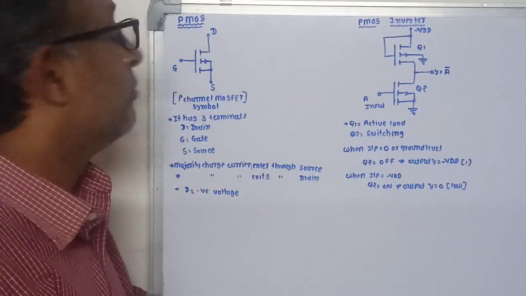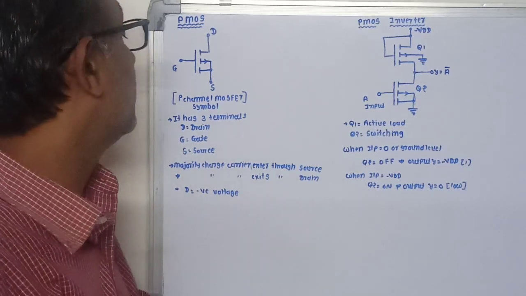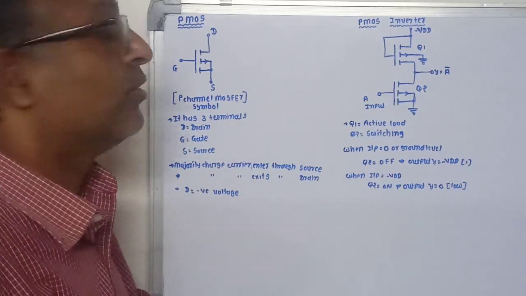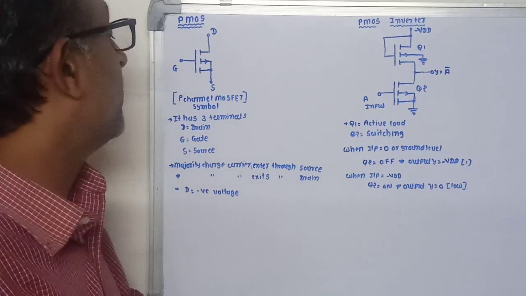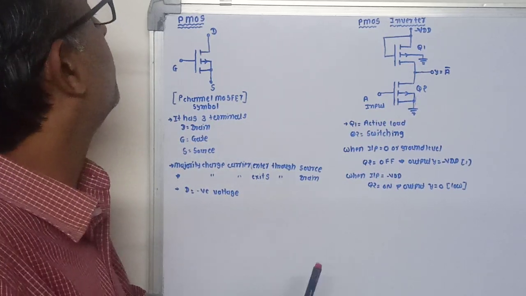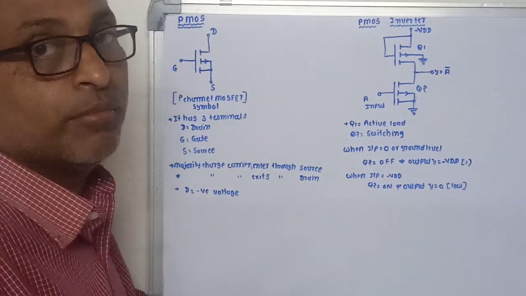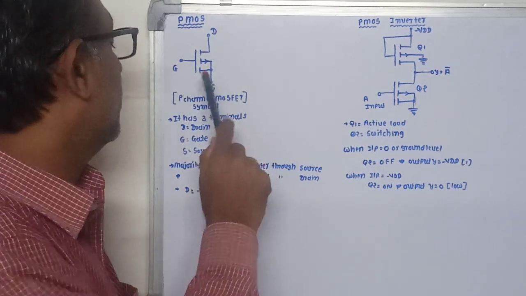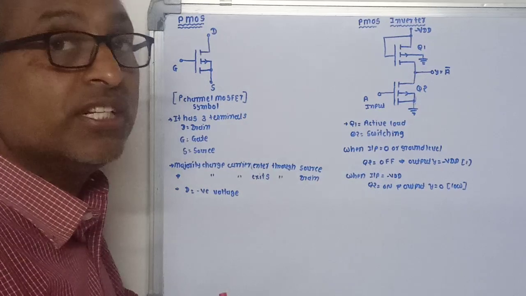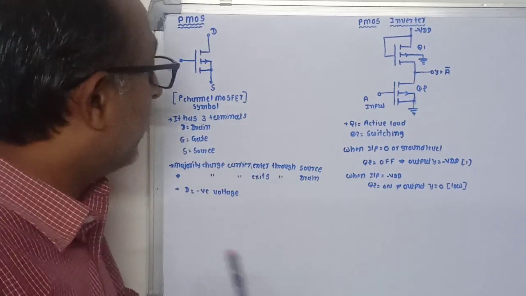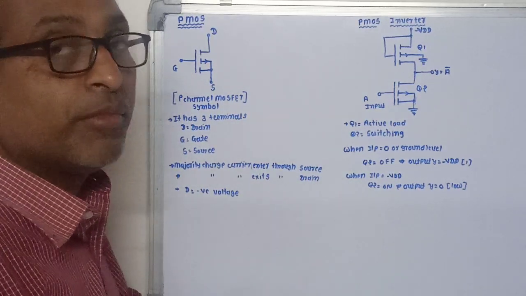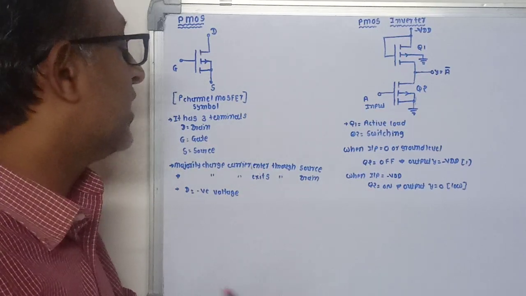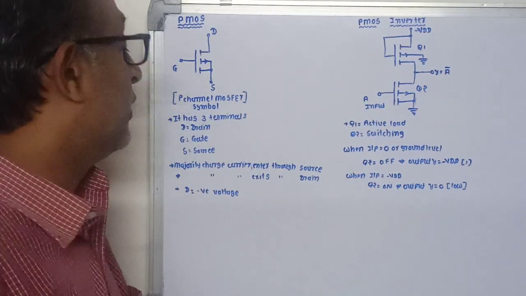PMOS, in this P-type channel is used. Here enhancement mode type MOSFET is used. Now this PMOS has three terminals, which are known as drain, gate and source. Now the majority charge carrier enters through the source terminal, and this charge carrier exits through the drain terminal.